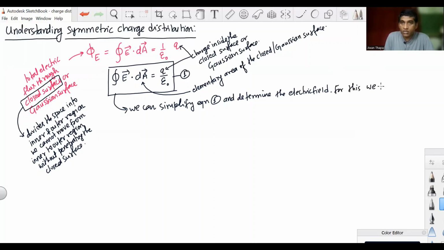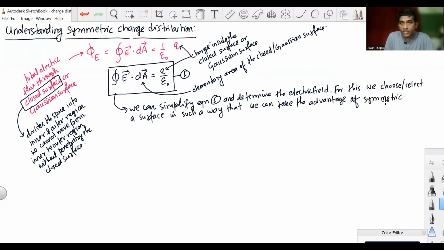For this we choose or select a surface in such a way that we can take the advantage of symmetric charge distribution.